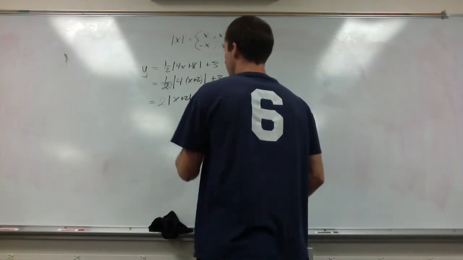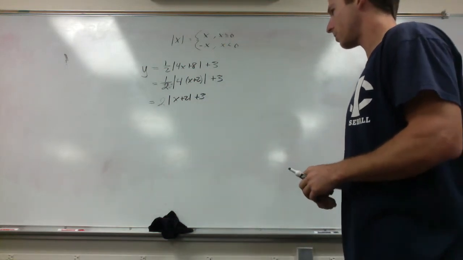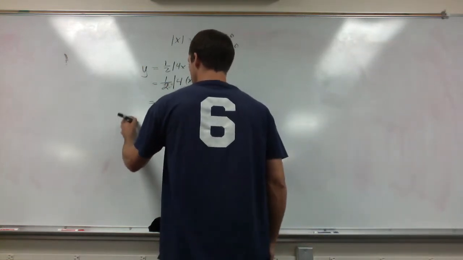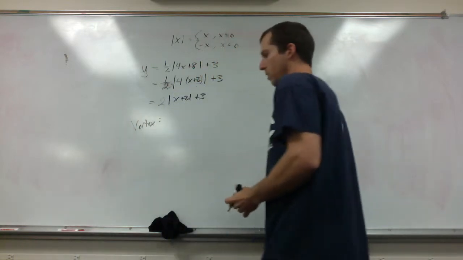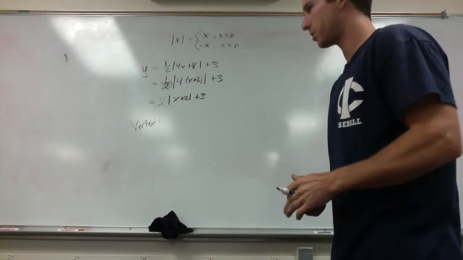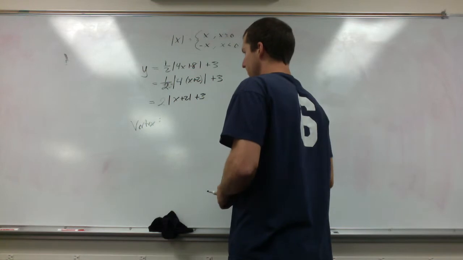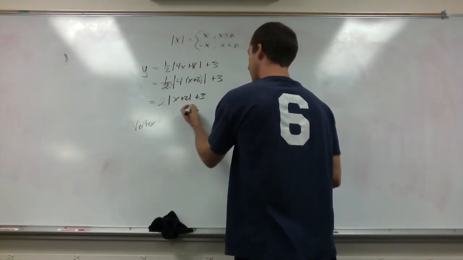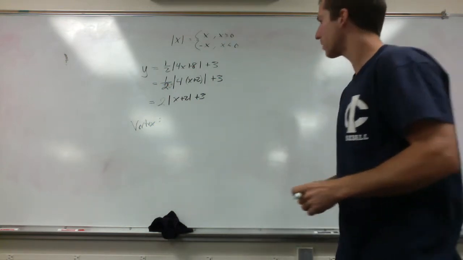Then if I wanted to find the vertex of this, again, if we had done yesterday's section, this would probably be a little easier for you, but you could always plot points to find the vertex. In section 8, we talk about horizontal shifts and vertical shifts from a parent function. The parent function is obviously absolute value of x, and this is a shift of 2 to the left, and I guess it'd be 3 down.